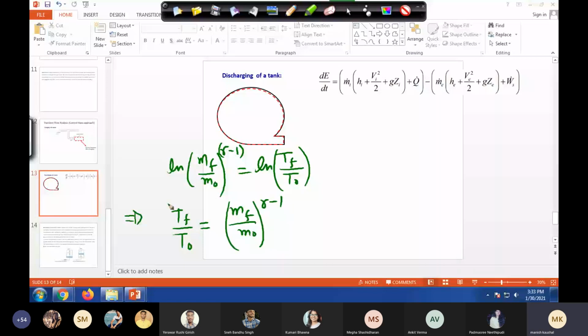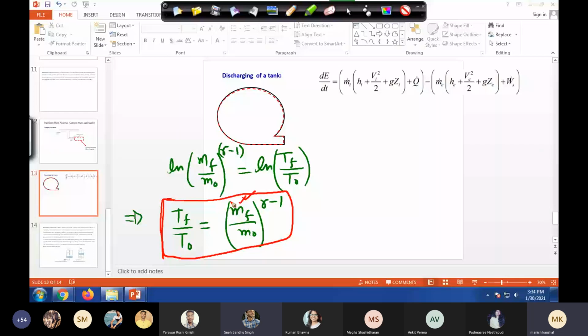So Sneh, now you got the point that that's what should be asked, that how temperature is varying. Tf is a function of what? Mf, right? And Mf is a function of what? The rate at which this tank is evacuating, right? You got the point?